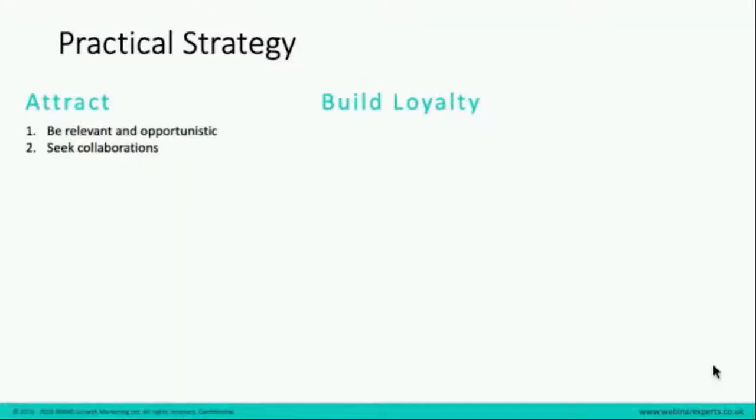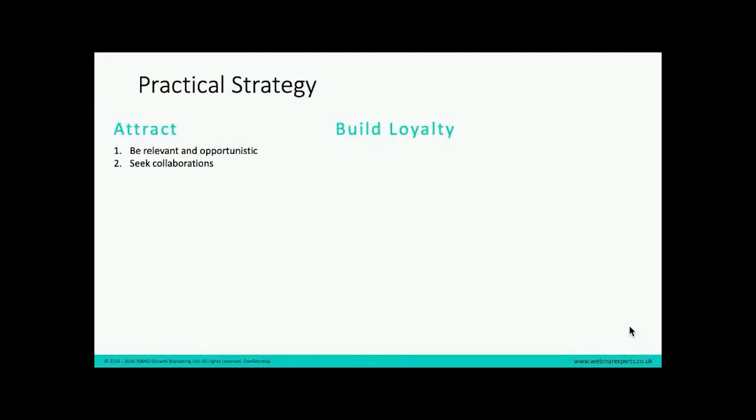The second point then is seek collaborations, and we're talking about attracting an audience. If you don't have a big database, seeking collaborations with others will help you extend the reach that you have. It will extend how you present yourself to a wider audience that you may normally not have access to.